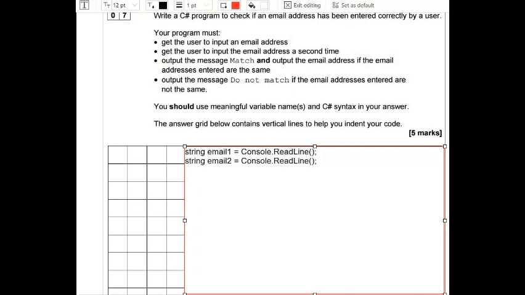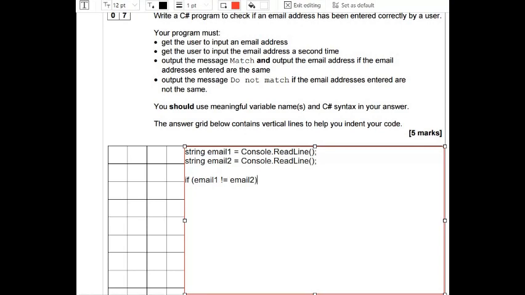So then what we need after that, we've got the inputs, and then we got the 2 inputs, so we got those 2 bullet points down. Bang. Next bit, if. So we need if email1 is not equal to, so in C# we write exclamation point equals email2.